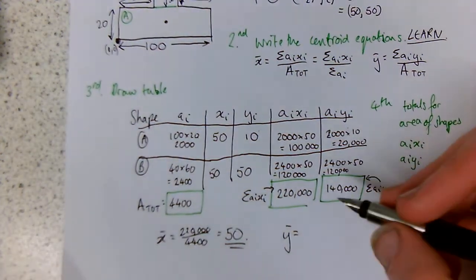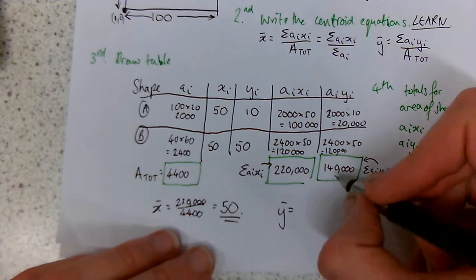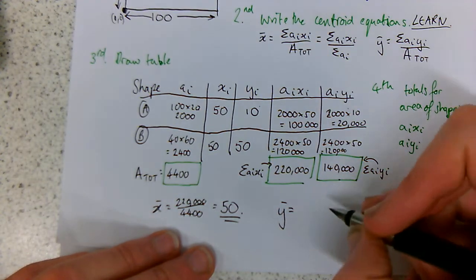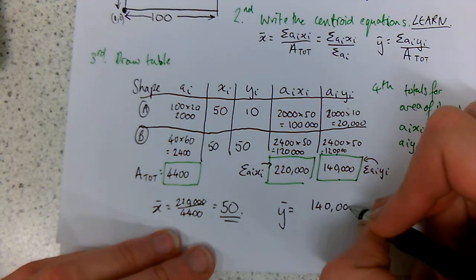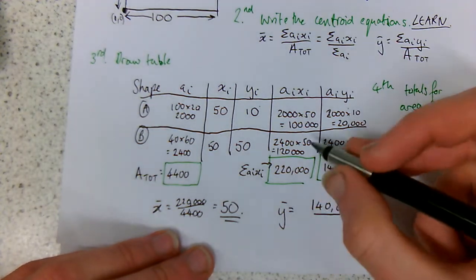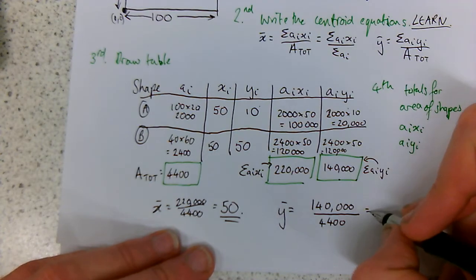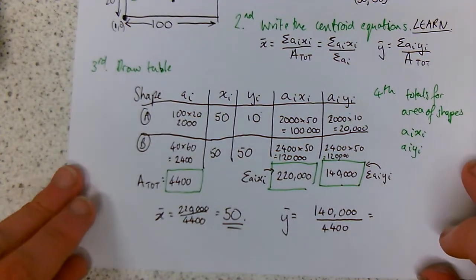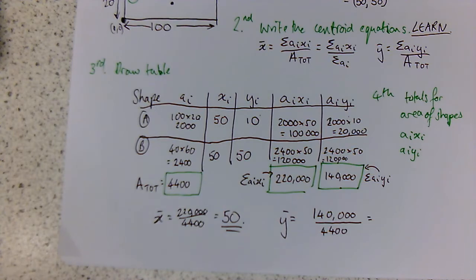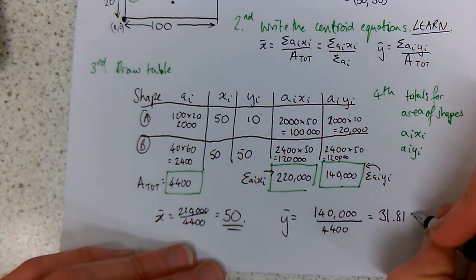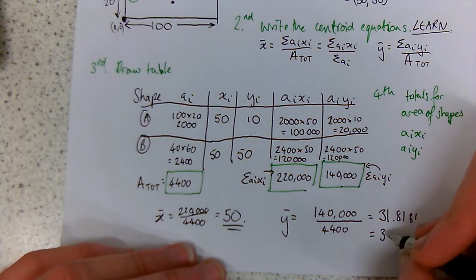Our y coordinate is the sum of the Ai's times the yi's, so that's 140,000 divided by 4,400, which we work out to be 31.8181, which we are going to round sensibly.